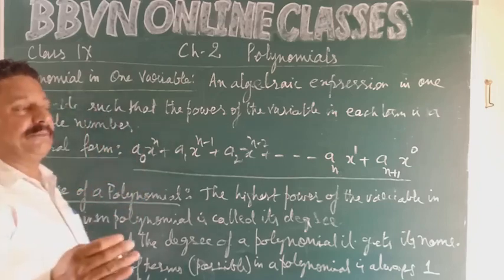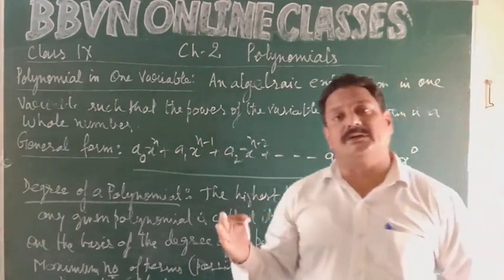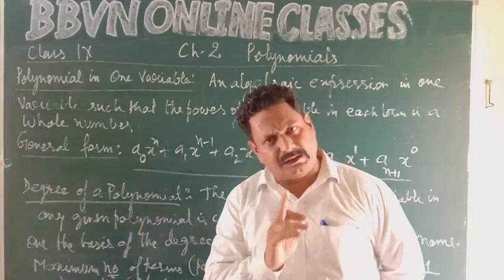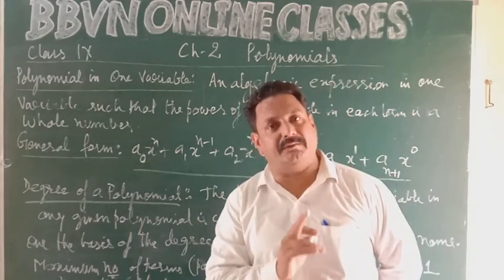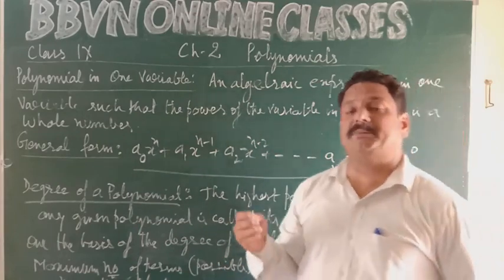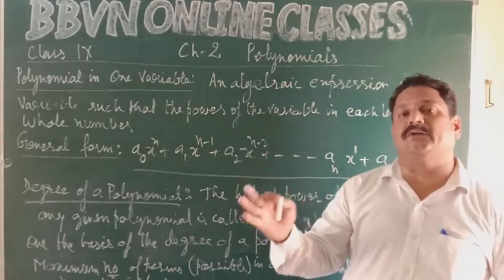Suppose the degree of a polynomial is 3. So that polynomial can have at most 3 plus 1, 4 terms. It can have at least one term. A polynomial should have at least one term. The maximum number of terms that are possible in a polynomial is always one more than the degree of the polynomial.